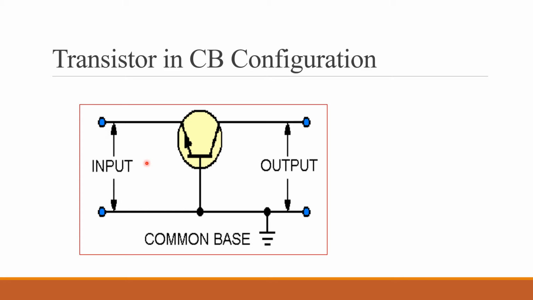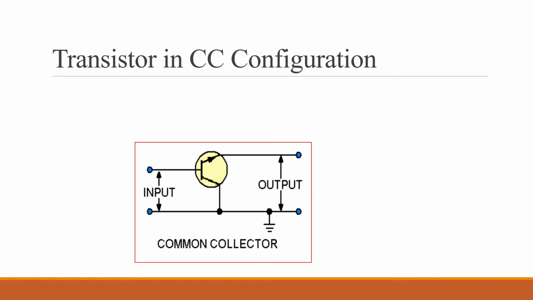Or we can say that the common base configuration attenuates the input signal. It has very low input impedance, which will give very low output impedance with very low amplification.